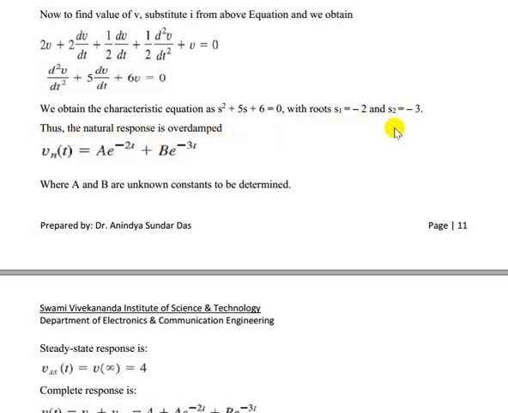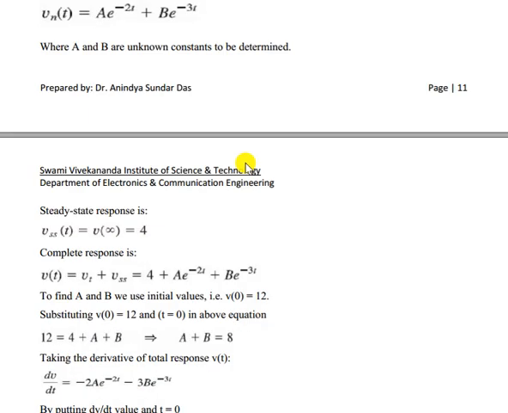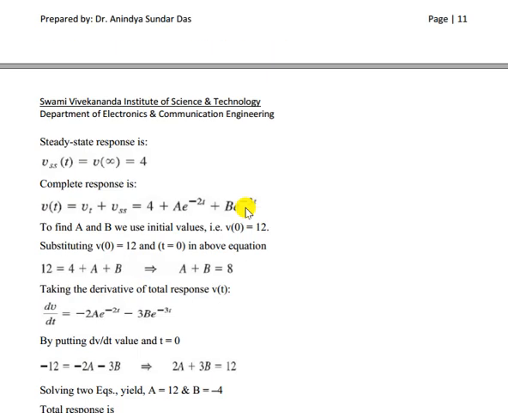If both are the same, then it is critically damped, and if they are complex, then it is underdamped. So you know the overdamped formula, you can write it here. You know the V infinity value also, that is 4 volt, so you can add the transient plus the steady state value.